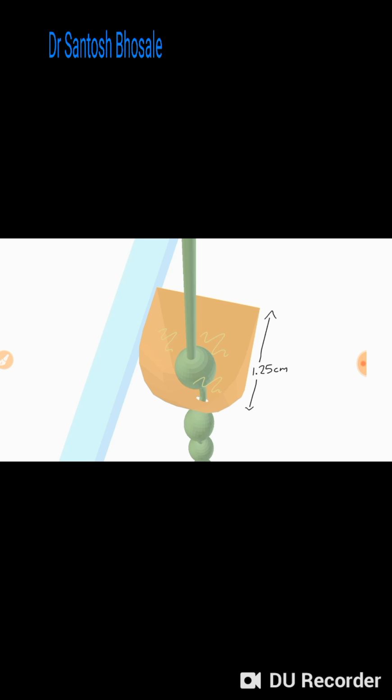It is the medial compartment of the femoral sheath. It is conical in shape, being wide above at the femoral ring, and about 1.5 centimeters in length and breadth.